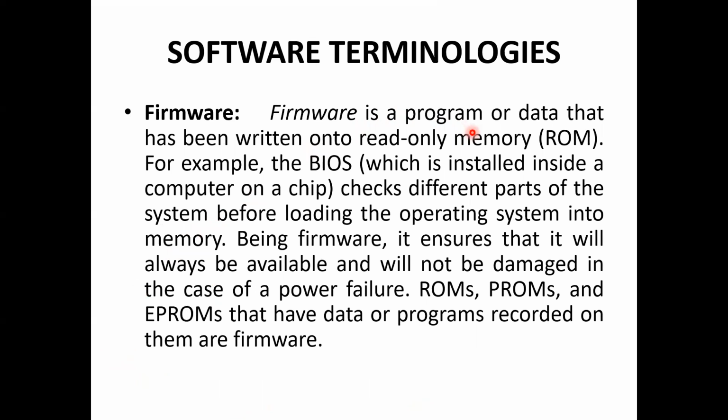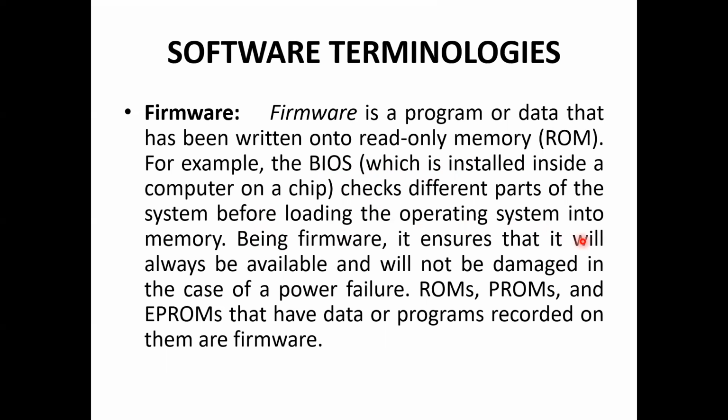Firmware is a program or data that is written onto read-only memory. We have discussed read-only memory. Firmware क्या होता है? वो data जो read-only memory में लिखा जाता है. ठीक है? For example, the BIOS, which is installed inside a computer on a chip, checks different parts of the system before loading the operating system into the memory. BIOS, I have discussed, is the basic input and output system. It is installed in a computer on a chip and checks that different parts of the system are working before loading the operating system.